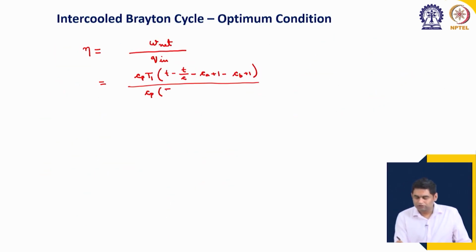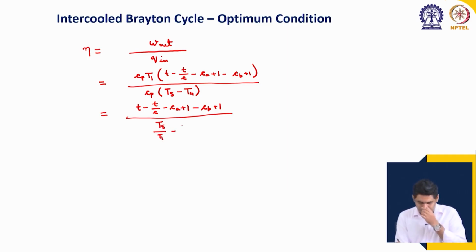Cp (T5 minus T4). So, if I cancel Cp T1 from both the numerator and the denominator, we are left with (T minus T by C) minus CA plus 1 minus CB plus 1, divided by T5 by T1 minus T4 by T1.